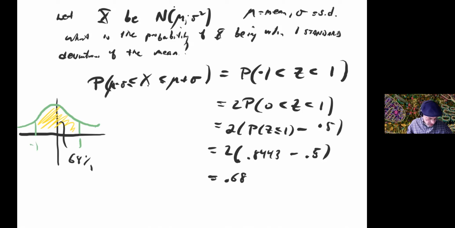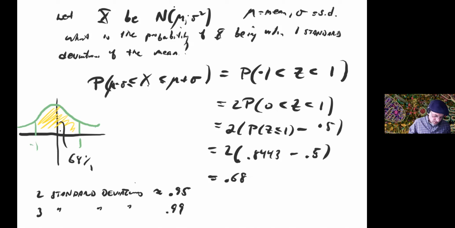So likewise, if we want to do two standard deviations, that's going to be about 0.95. In other words, 95% of the area. And three standard deviations is about 99% of the area.